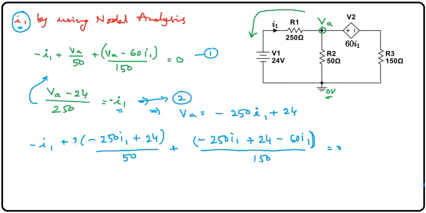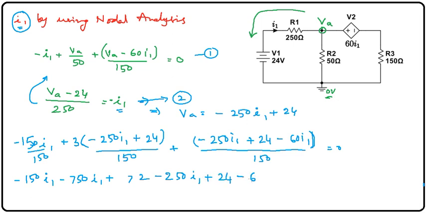Let me multiply this summation with 3 and divide by 3, and here also with 150 divided by 150. So 150 will go there, and finally it will be minus 150 I1 minus 750 I1 plus 72 minus 250 I1 plus 24 minus 60 I1 is equal to 0.